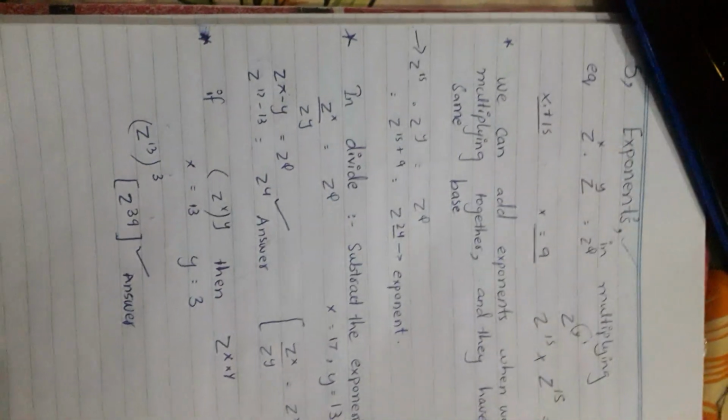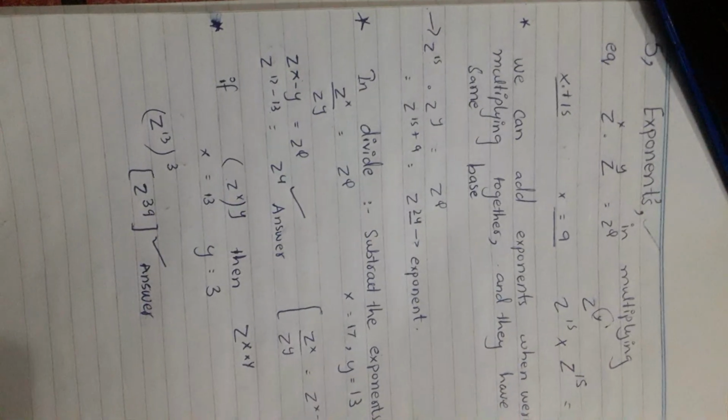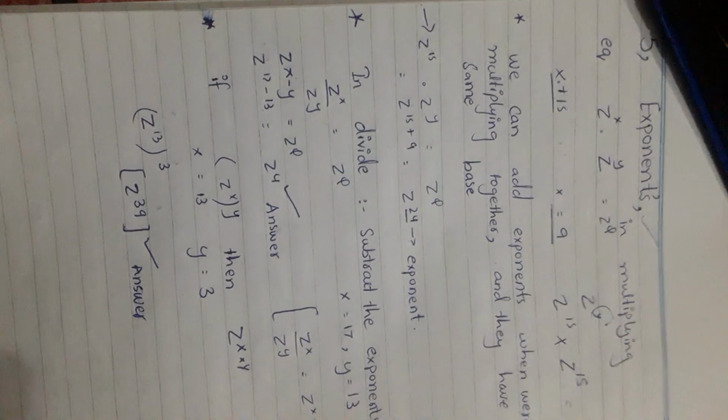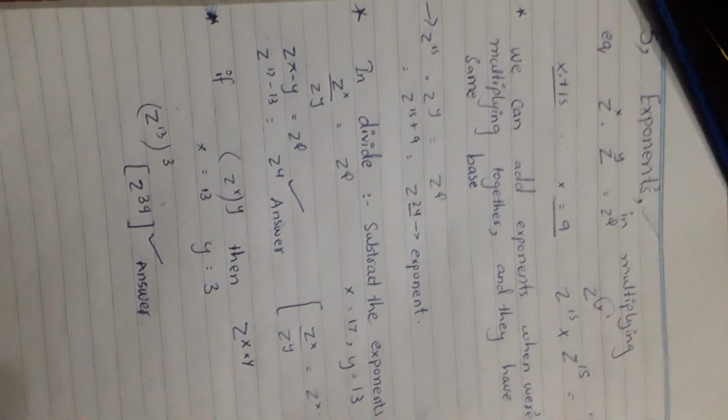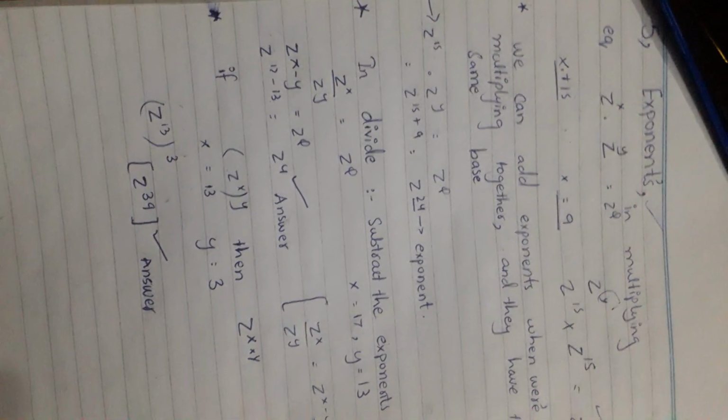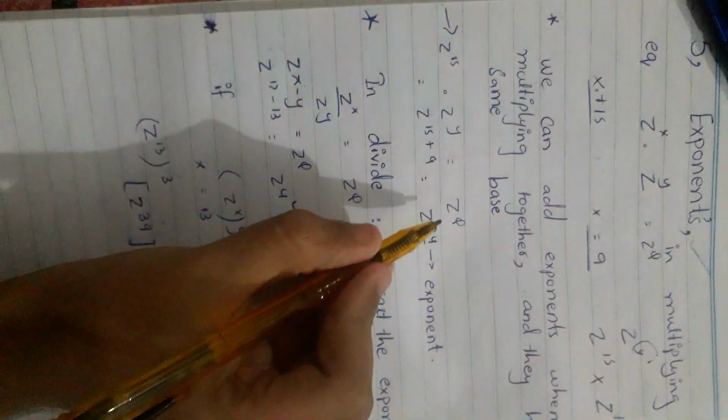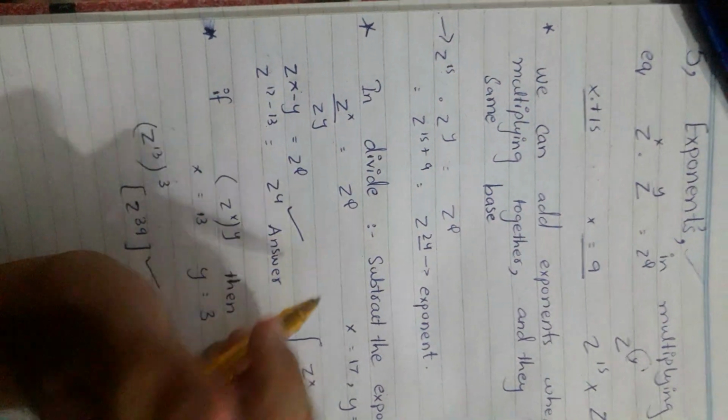Later on, focusing upon division as well. Now in division you have to do it in the opposite way, as we do plus and minus, then division and multiplication. So that's how you will cover it in divisional form.